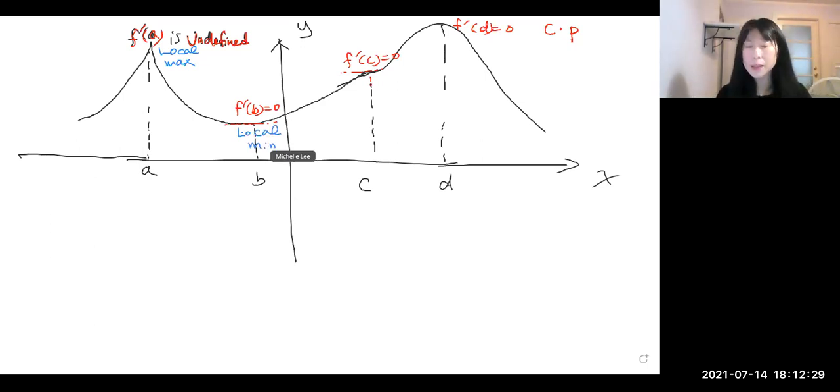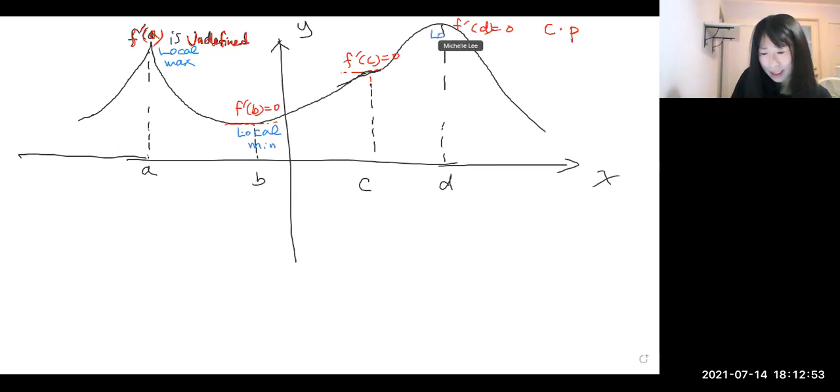How about C? Okay, how about D? Local maximum. Yeah, local maximum. So you guys cannot answer C, right? Because we cannot say anything, it is neither a local maximum nor a local minimum, right?